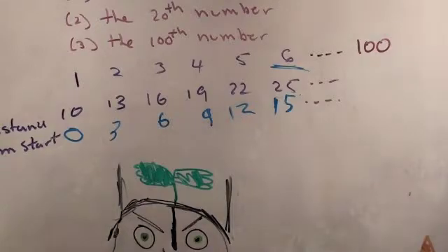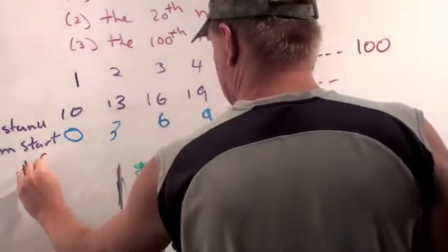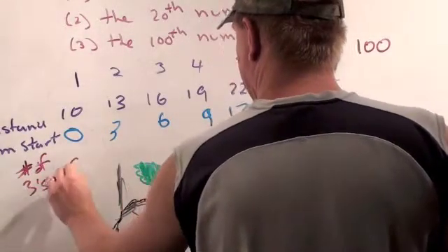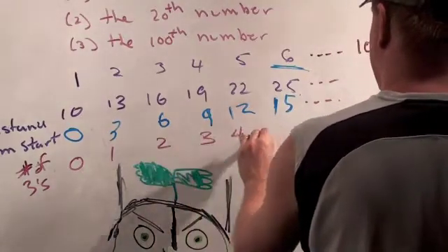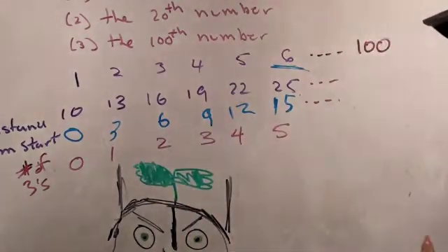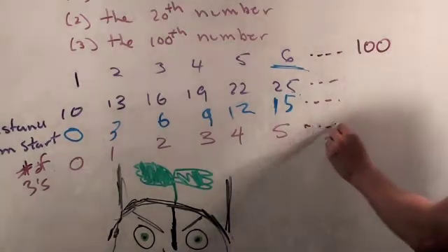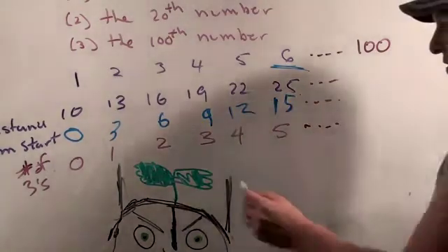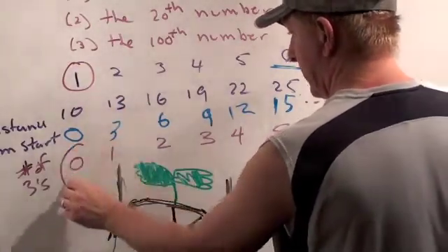Okay, so let's take a look. Hopefully I've got the camera aimed down. The number of threes. This used 0. This used 0. This used 1. This used 2. This used 3. This used 4. This used 5. And dot, dot, dot. So the first number used how many threes? 0 threes.